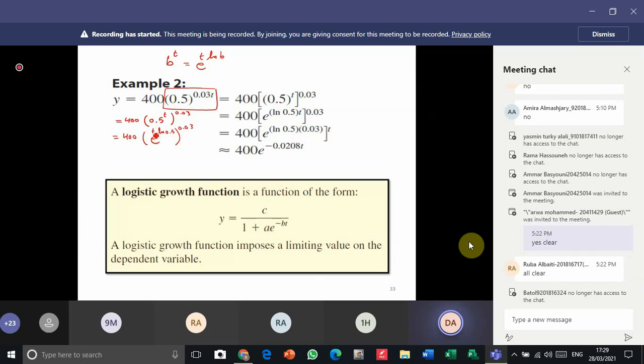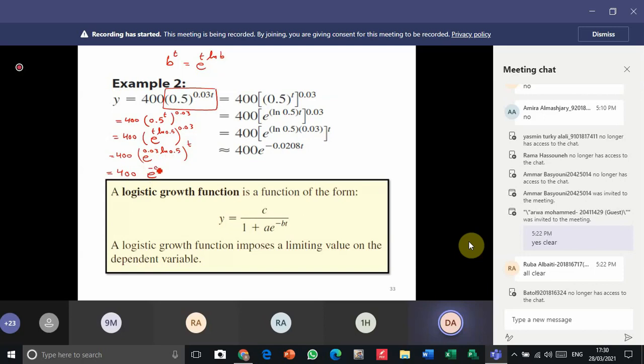Now swap between t and 0.03, so we have 400 e to the power 0.03 ln 0.5, all to the power t. Now we can multiply 0.03 by ln 0.5; you can calculate it by calculator.